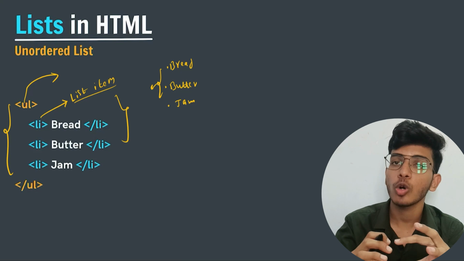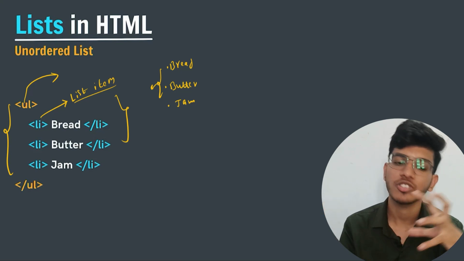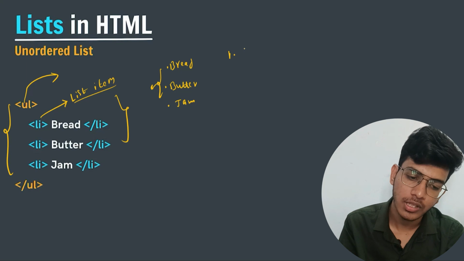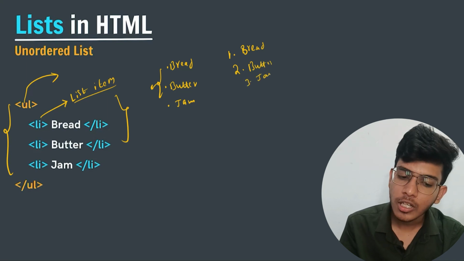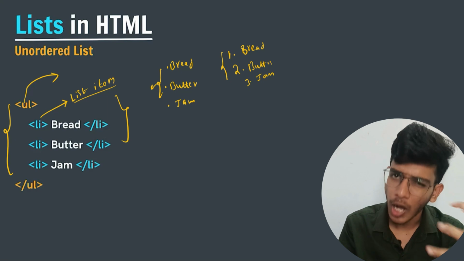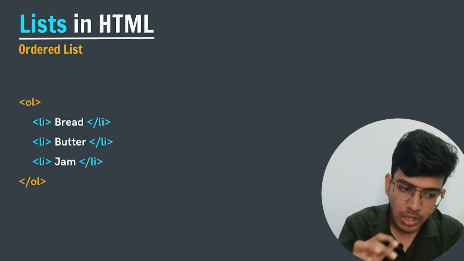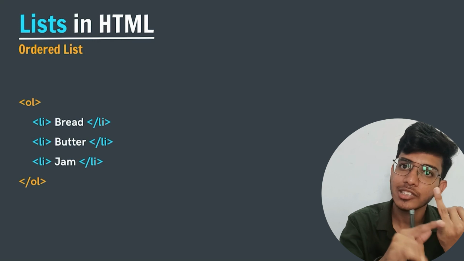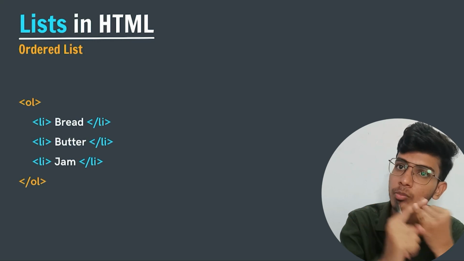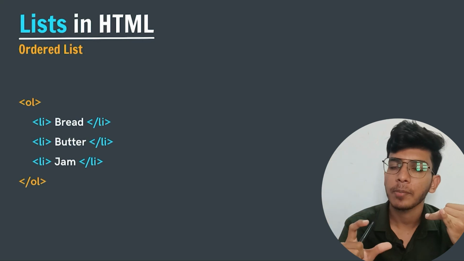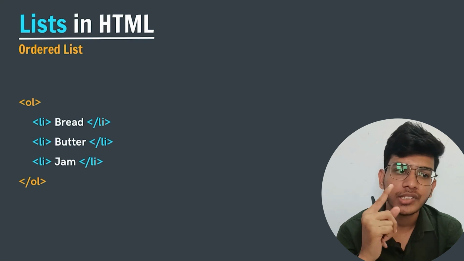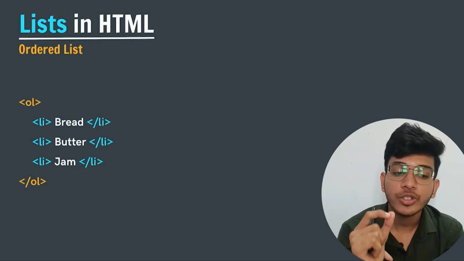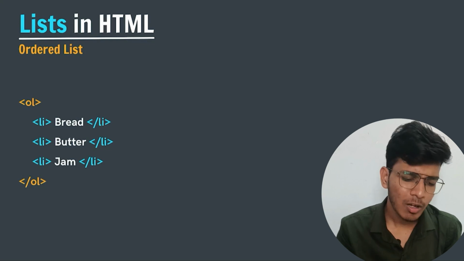And if you want to show the same thing in a formatted fashion, for example in a numbered fashion, like 1 bread, 2 butter, 3 jam, or in a numbered or alphabetical format, then I will use ordered list. Unordered list is used to represent list elements in bullet points, in dotted points. If I want to represent the list elements in terms of numbers or characters, then I will use ordered list. Now let us try to code this.